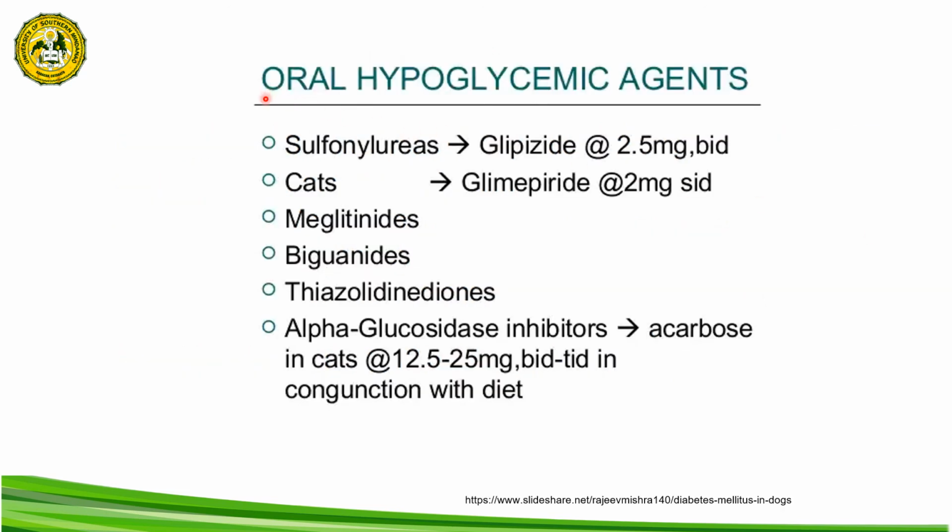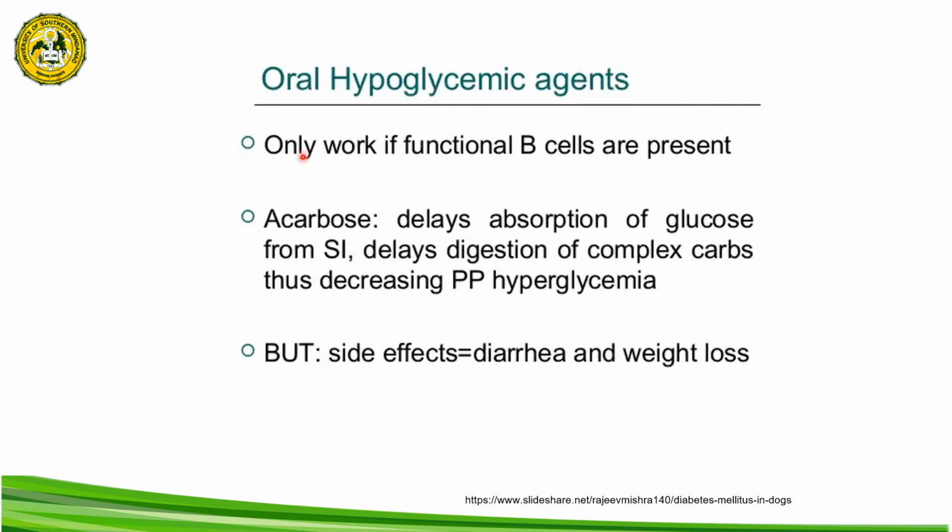We also have the oral hypoglycemic agents such as sulfonylureas, meglitinides, biguanides, thiazolidinediones, and the alpha glucosidase inhibitor such as acarbose. The oral hypoglycemic agents mentioned will only work if functional beta cells of the pancreas are present.